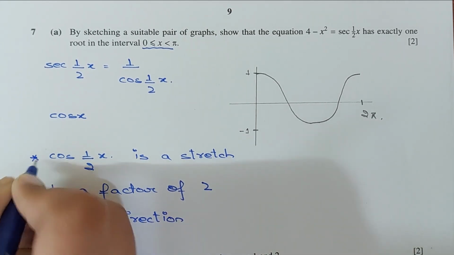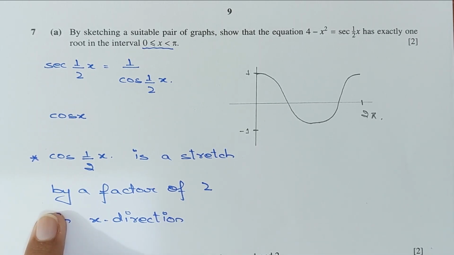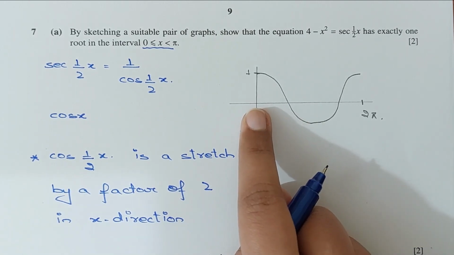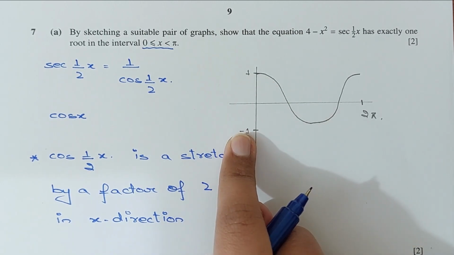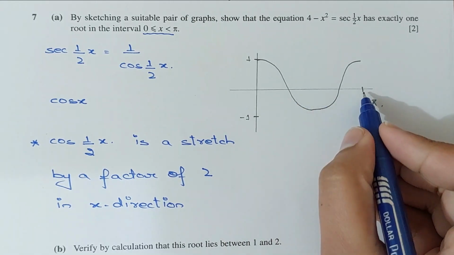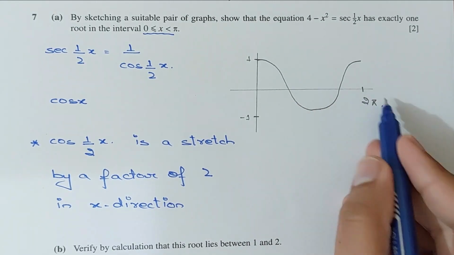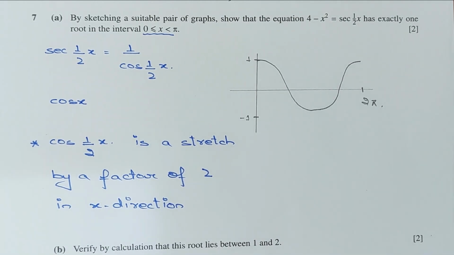So if it's a stretch by a factor of 2 in x direction, it means now the y stays the same, between 1 and minus 1. The maximum and the minimum values are the same for the cos half x, but the period is going to be double. So 2 times 2 pi, it becomes 4 pi, right?